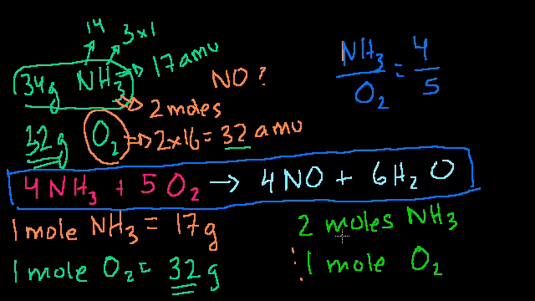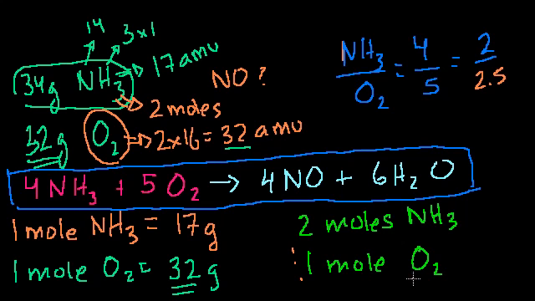So if I'm given 2 moles of ammonia, how many moles of oxygen do I need? I need 2.5 moles of oxygen, right? 4 over 5 is 1.25, and if you double both of these numbers, you get 4 over 5, right? So I need 2.5 moles.